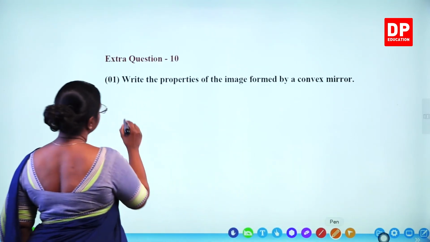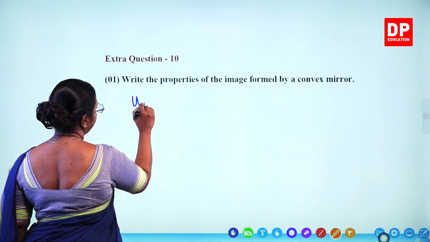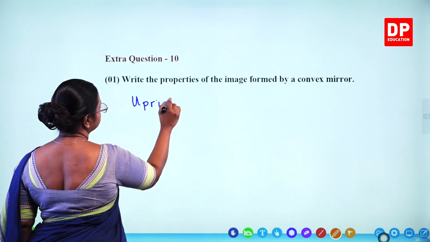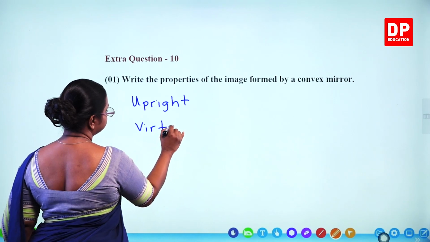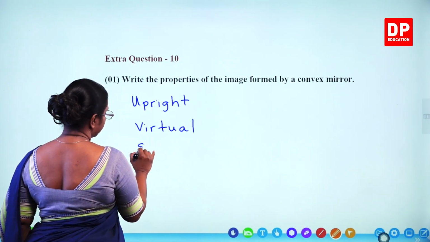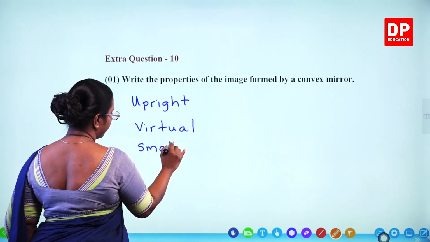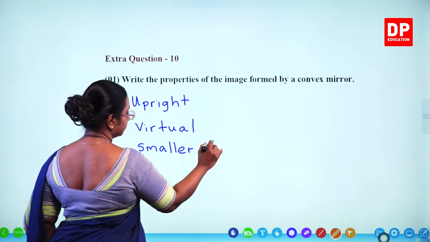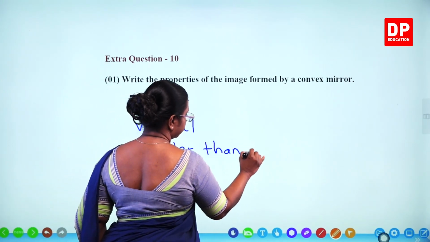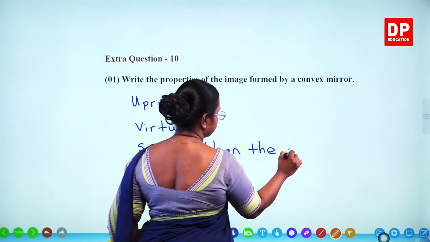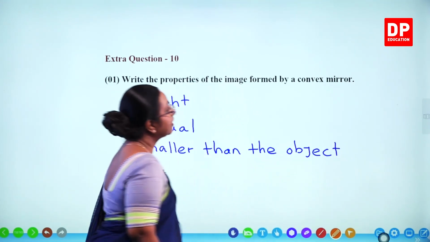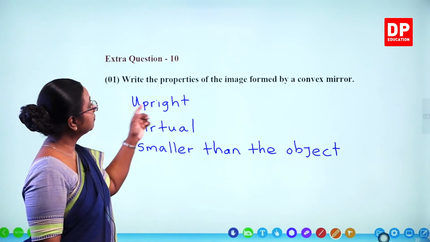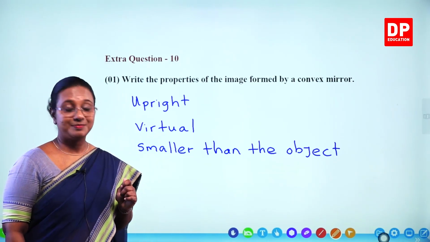So here properties: upright, virtual, smaller than the object. So those are the properties of the image formed by a convex mirror.